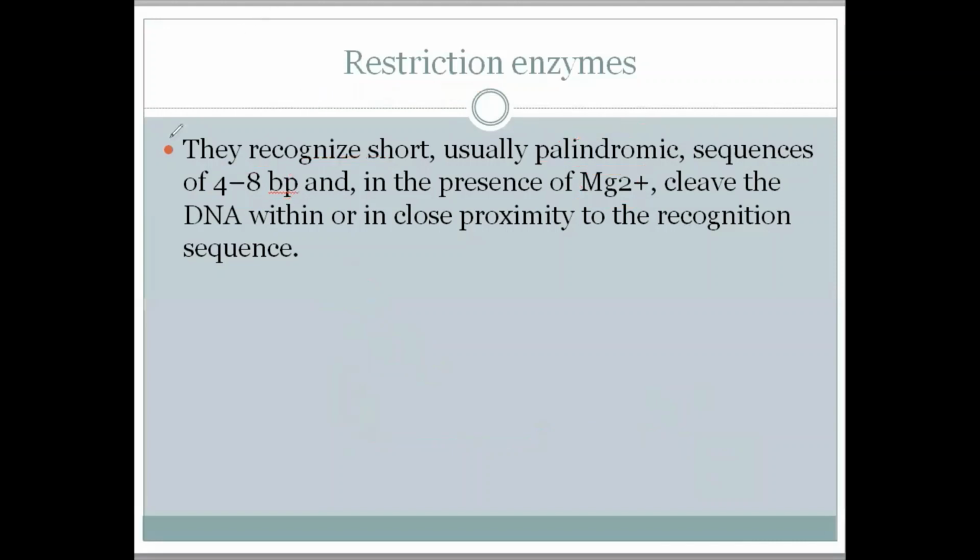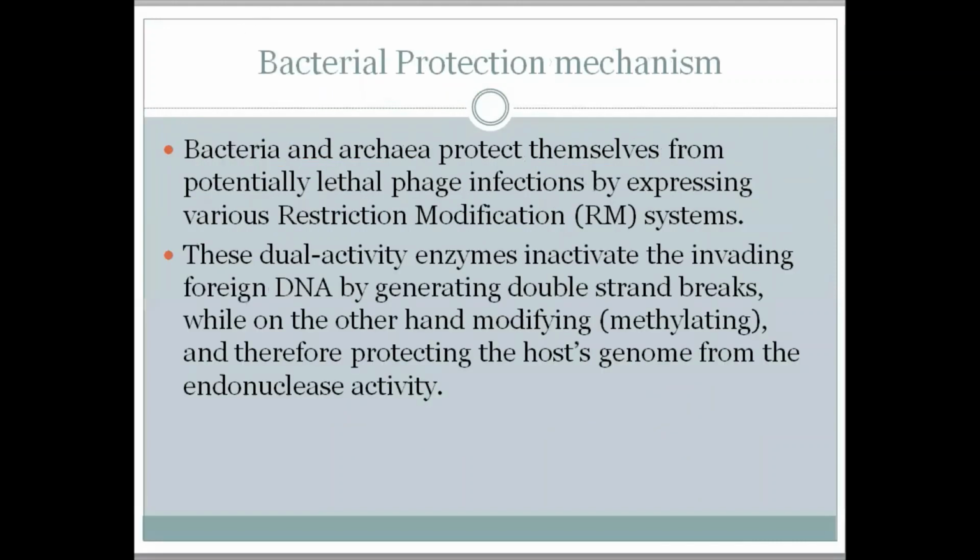Now, as we learned in the previous video even, this restriction enzyme was first observed in bacteria, isn't it? So what are they doing? How does it work there? So what happens is these bacteria or archaea, they protect themselves from the lethal phage infections, bacteriophage infections. They use a mechanism called restriction modification system. For example, this is a bacteriophage. Now this bacteriophage has its own DNA, but when it enters the host cell, this is the DNA of the host cell.